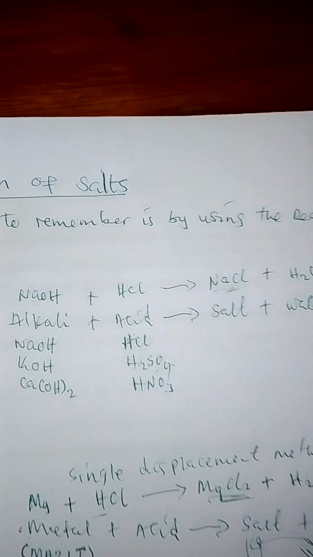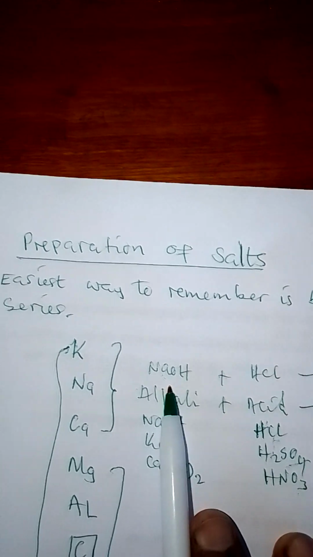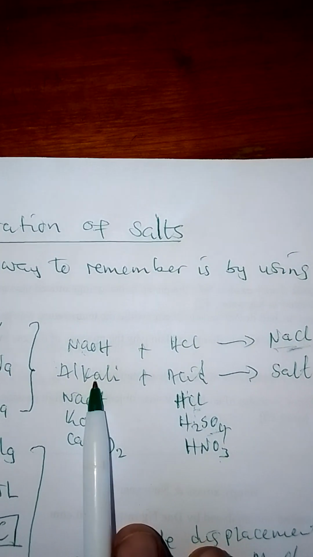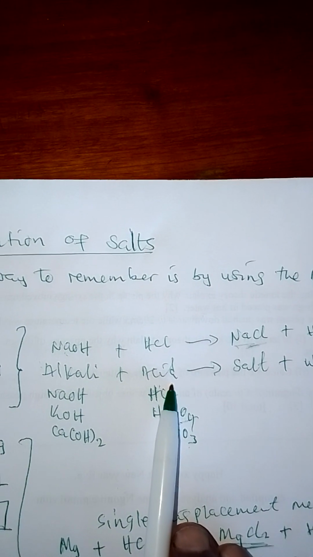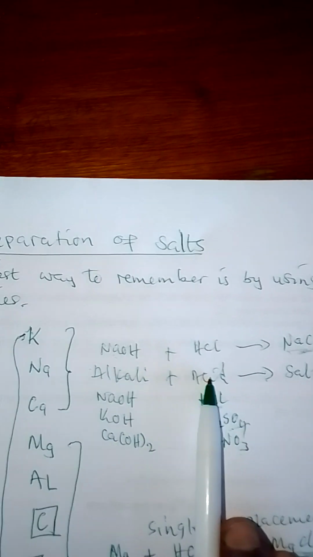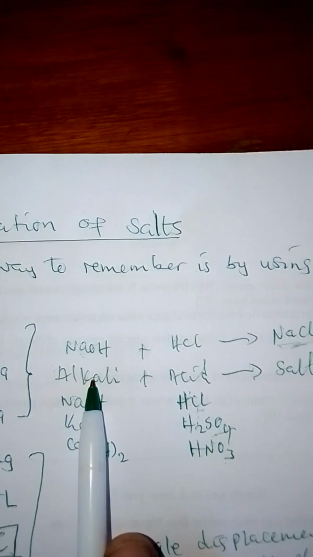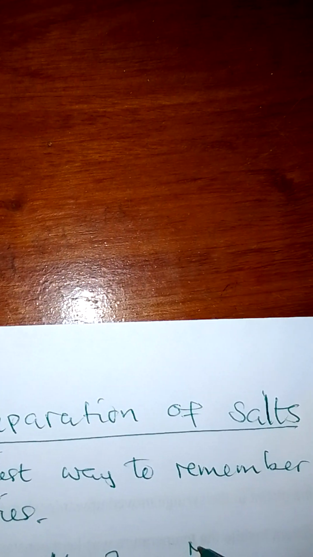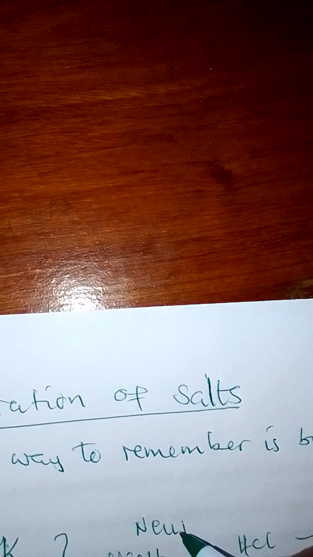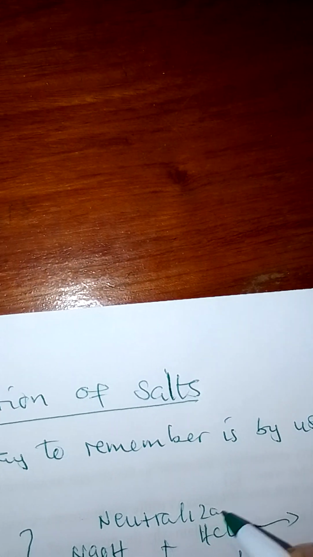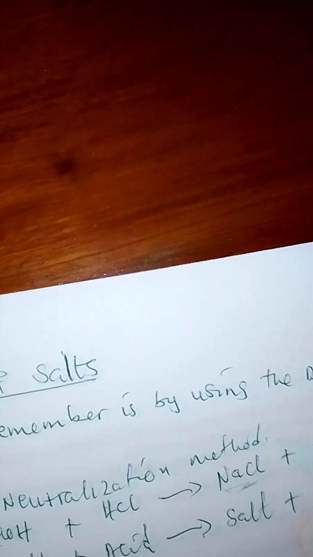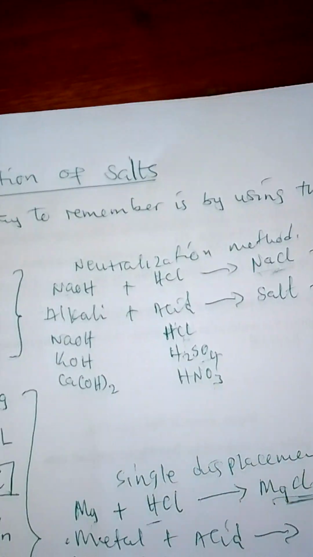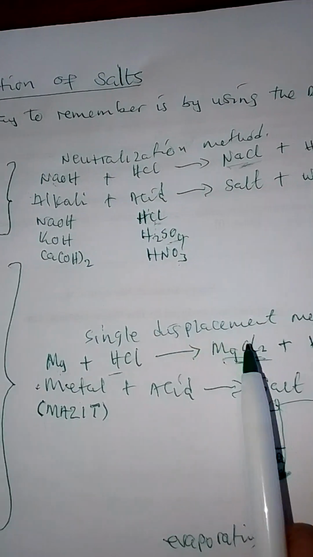Have you seen? Any reaction that involves an alkali and an acid is a neutralization reaction, because an acid neutralizes what? An alkali. So this is a neutralization method, whereby here we use neutralization, whereas before we used single displacement.